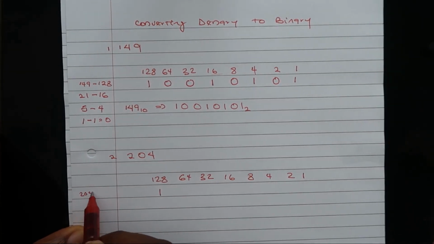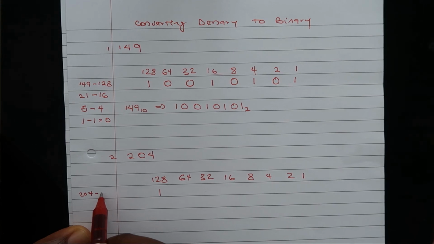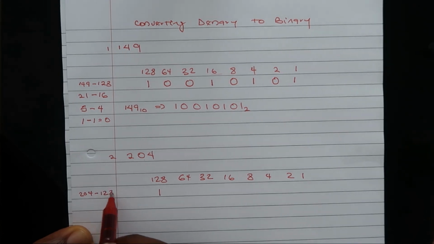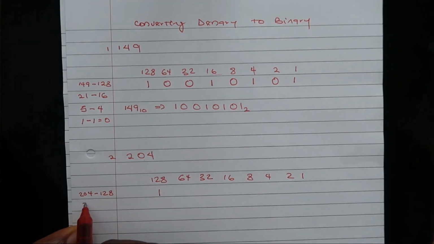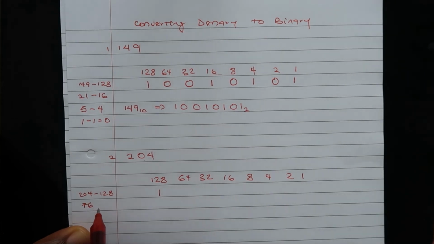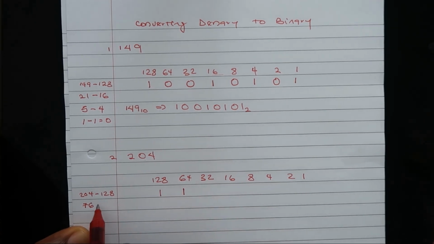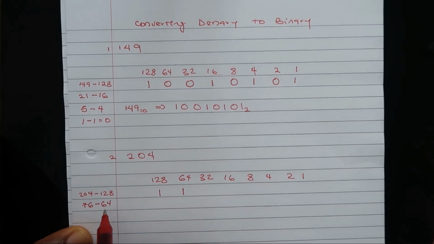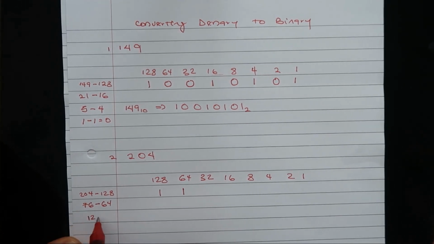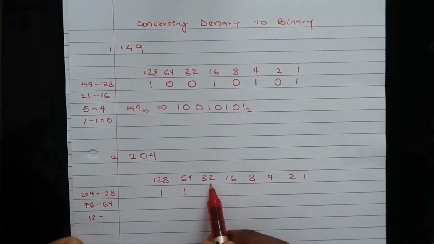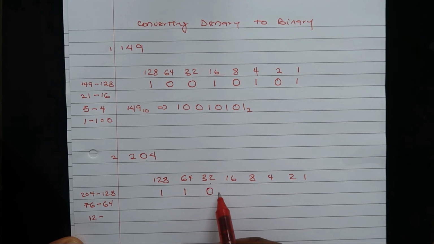I'll simply say 204 minus 128, and that will give us 76. Now, is 76 bigger than or equal to 64? It is, so I'll say 76 minus 64, and that gives me 12. 12 is not bigger than or equal to 32, so I'll put a 0 there.